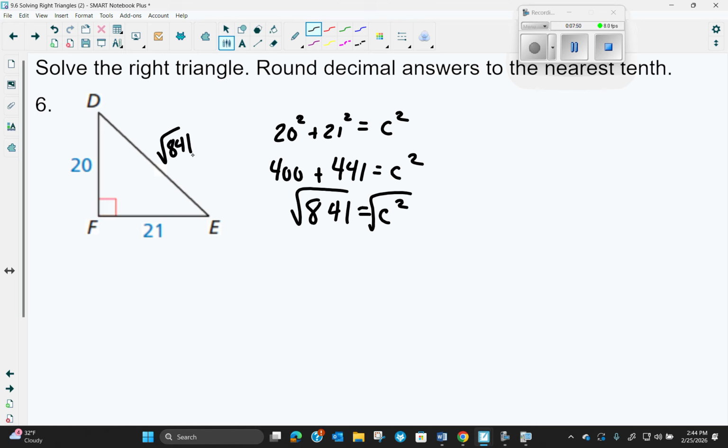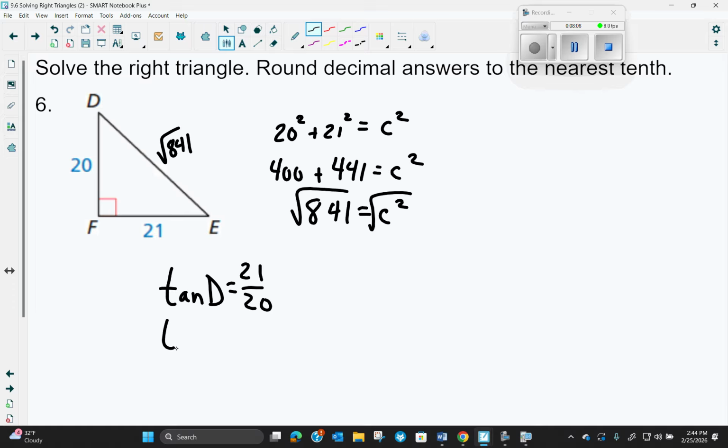All right. So then I need to find one of my acute angles. I'm going to use tangent again. Let's do the tangent of D is equal to 21 over 20.